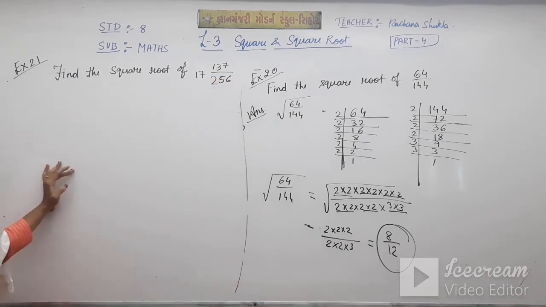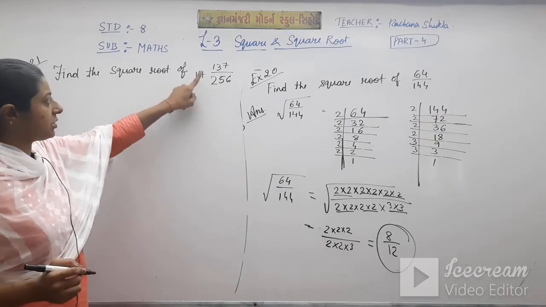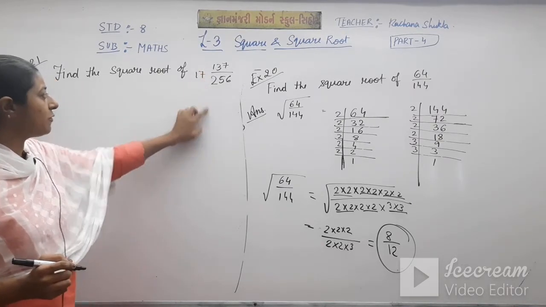See, this is the question. What is the question? Find the square root of 17 integer 137 upon 256.